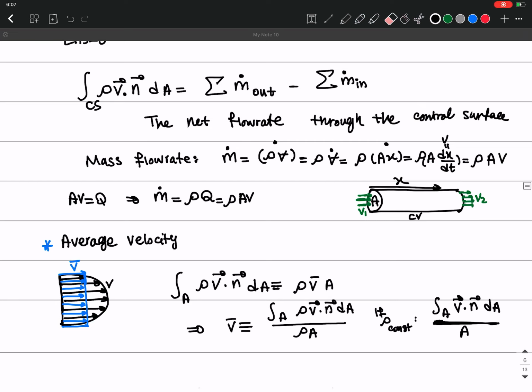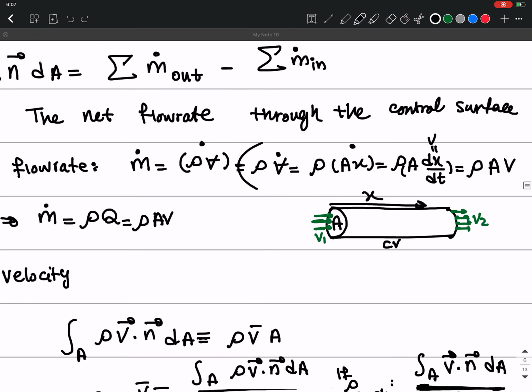Just as a reminder, m dot, the mass flow rate, if rho is constant, is going to be rho times volume dot, and instead of volume, you can write A x dot, and if A is constant, for example, for this problem that we have here, the A is not changing, you can take it out of the derivative, so it's going to be rho A times dx over dt, which equals V. So this equals rho A V for a fluid that has a constant A, right? So this rho A V is nothing other than the mass flow rate, right?